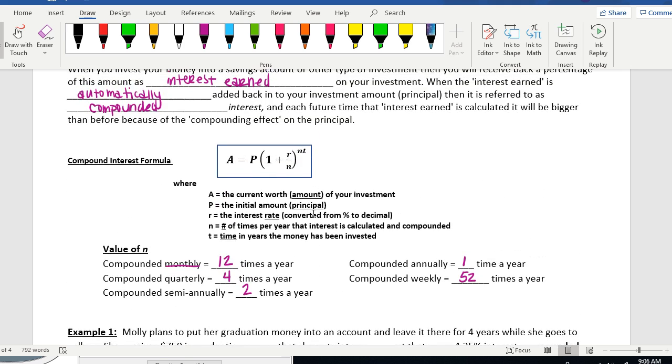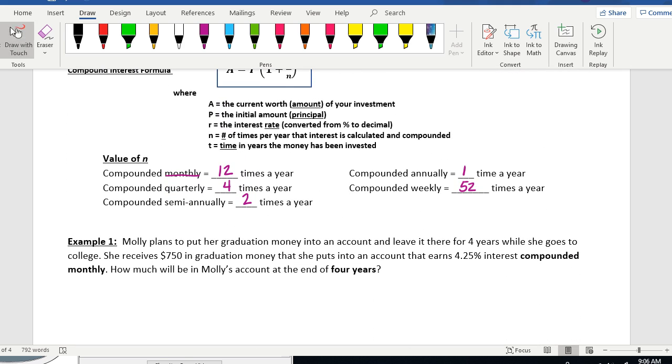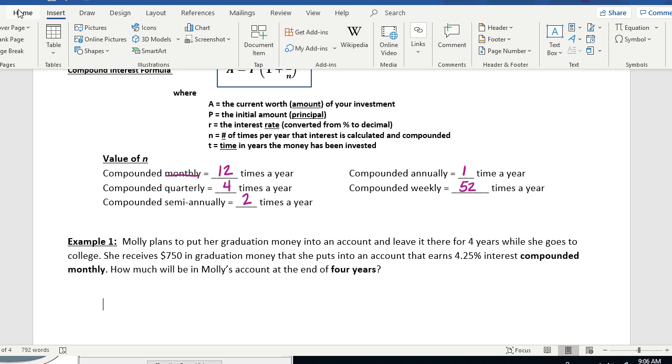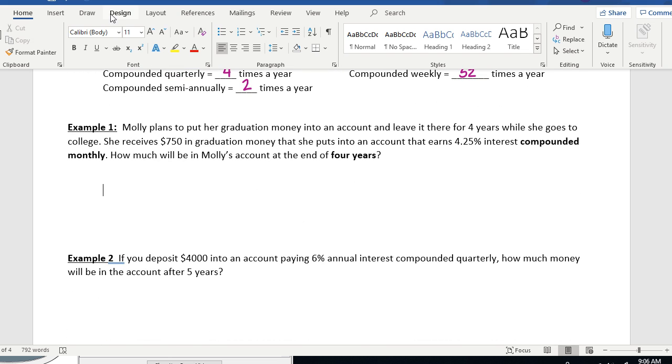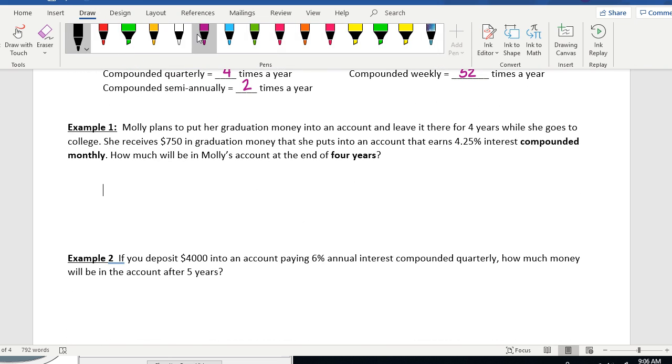Okay, so again, we're going to be looking at our formula up here. I need to figure out my P, which is my principal, and my principal is going to be $750, so 750. My R is my rate, so we're going to change this to a decimal.